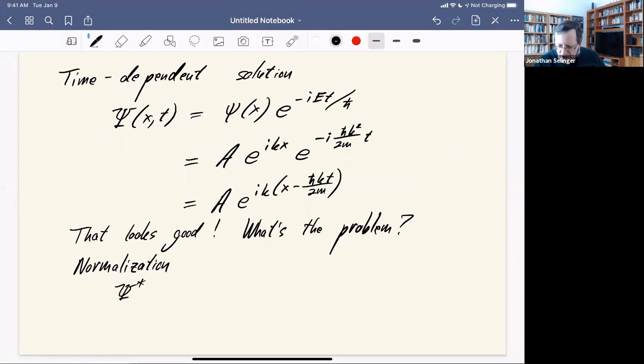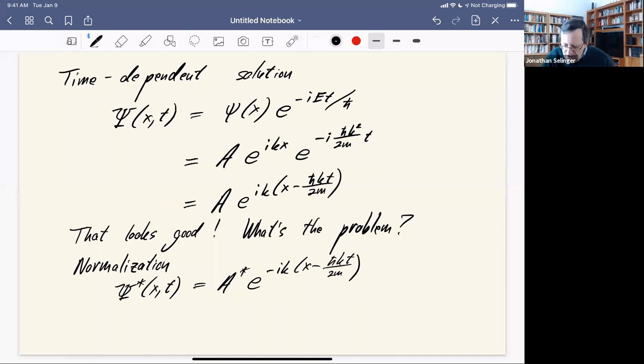So psi star of x and time. Okay, so that'll be this A complex conjugate times e to the negative ik x minus h bar kt over 2m, like that.